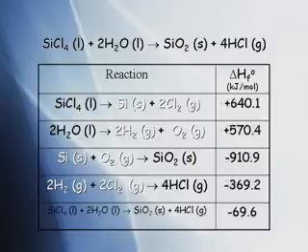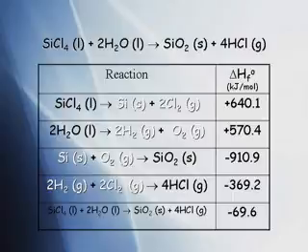Here are the results of adding the equations. The first thing we want to do is look at what reactants and products in our table of reactions are the same on both sides, and we can cancel them if they are the same on both sides. So we have 2Cl2 in the top equation and 2Cl2 on the reactant side in the bottom equation. Because they're on opposite sides, we can cancel those.